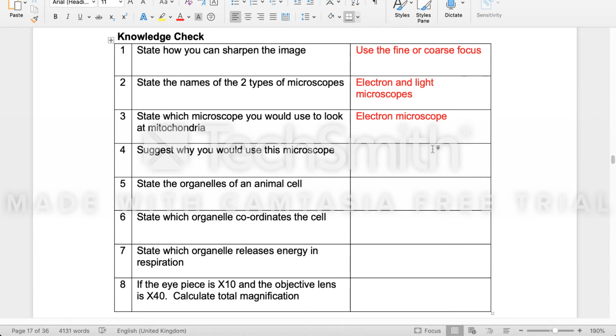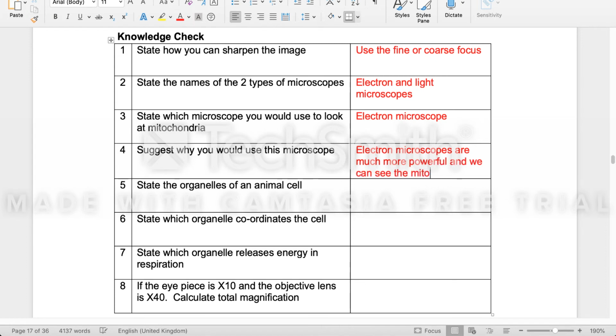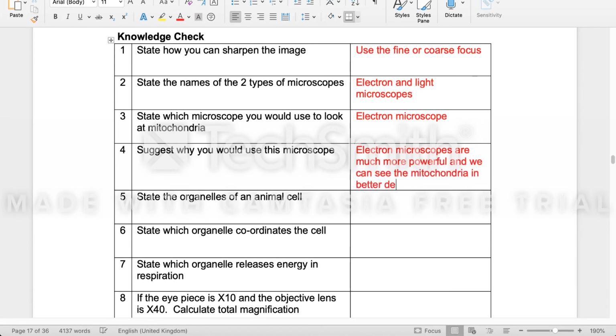And number 4, for that reason, electron microscopes are much more powerful, and we can see the mitochondria in better detail. Okay, excellent. Number 5, state the organelles of an animal cell.